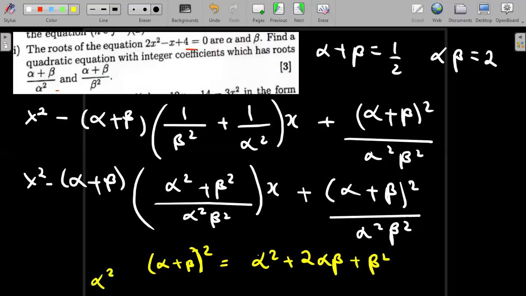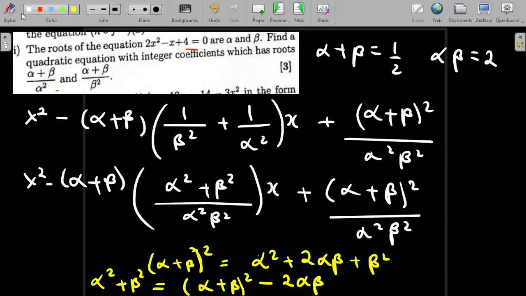So alpha squared plus beta squared is equal to alpha plus beta, squared, minus 2 alpha beta. It means wherever there's alpha squared plus beta squared, I can replace it with alpha plus beta squared minus 2 alpha beta.